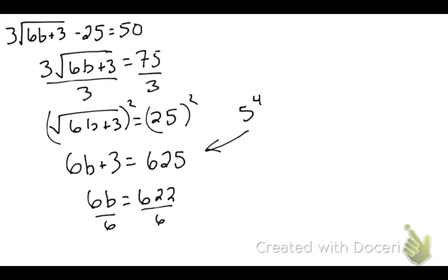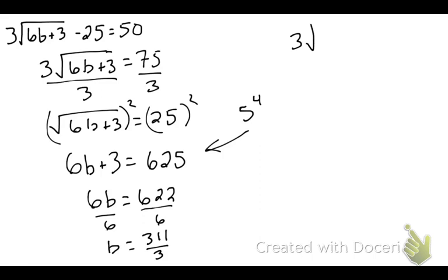This is going to be weird, but b should equal, doesn't go in there evenly, so 311 over 3. That is an ugly, ugly number. That's what we've got. So let's check it. Not fun, but we got to check it nonetheless.